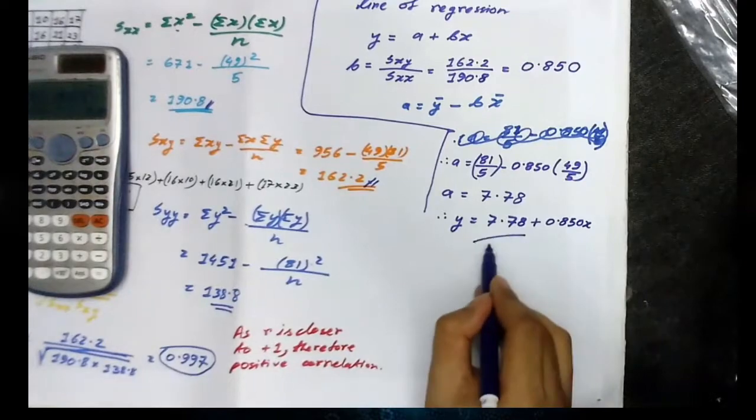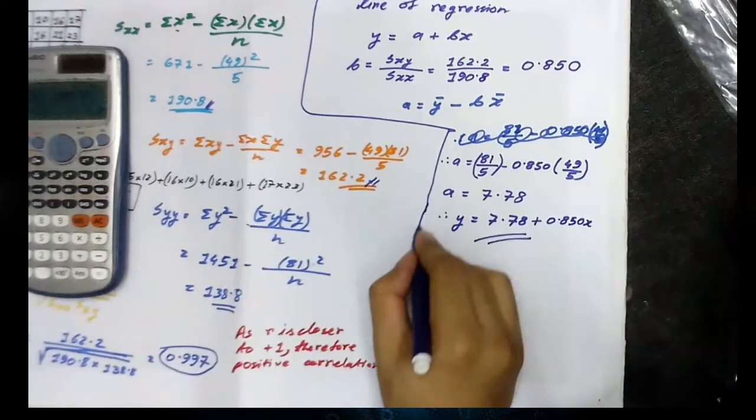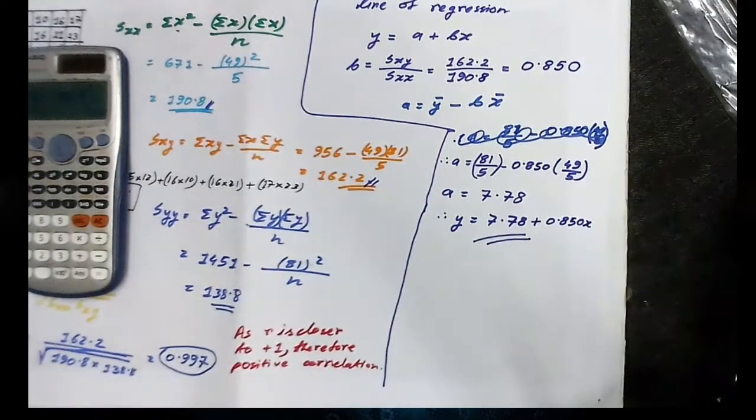This is our equation for the line of regression. Now, in the question, they may give you a value for y or a value for x and ask you to find the other value. So just put the value in the equation and you'll get your answer.